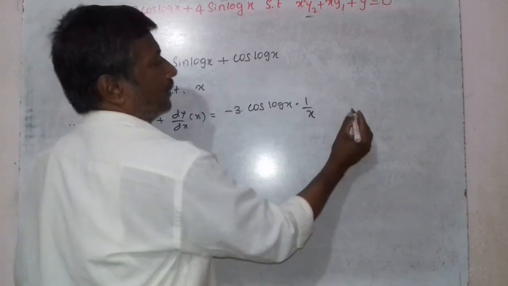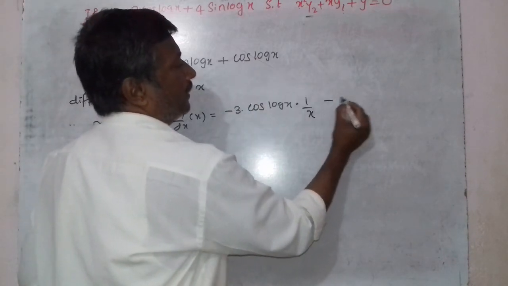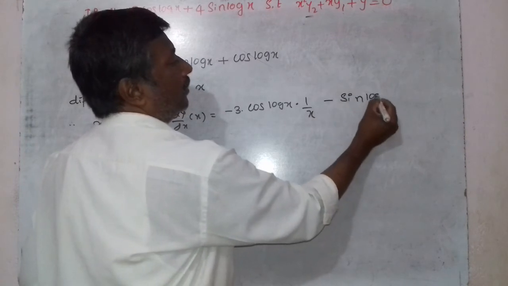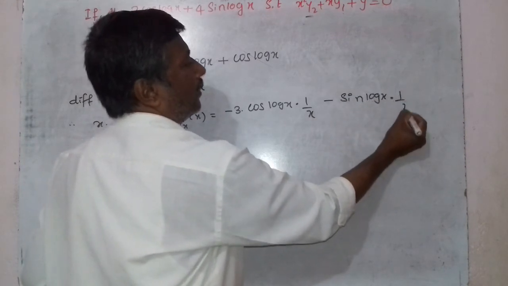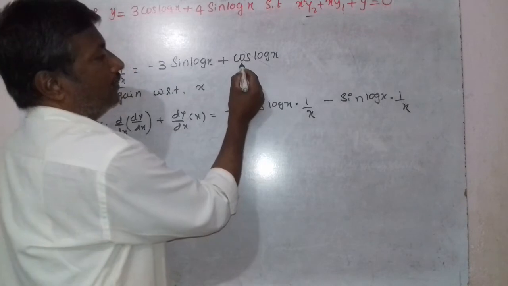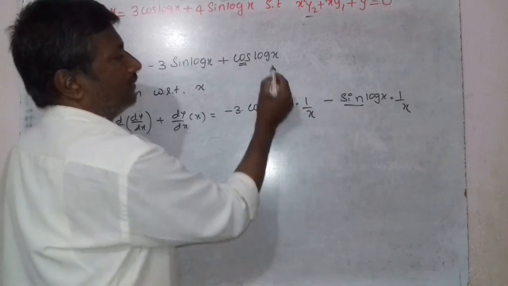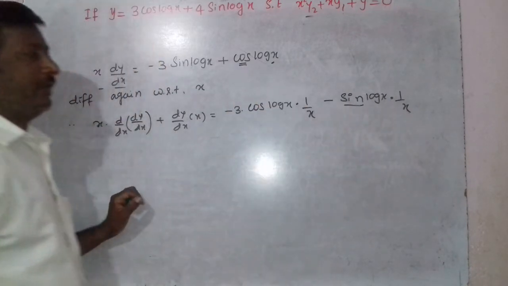Similarly cos log x minus sin log x into 1 by x. So derivative of cos is minus sin, derivative of log is 1 by x.